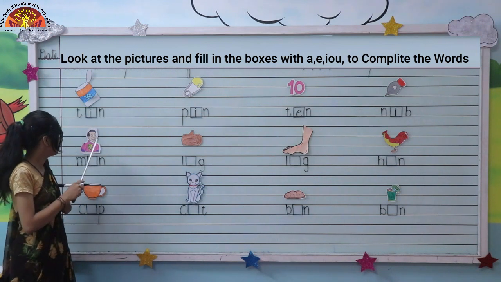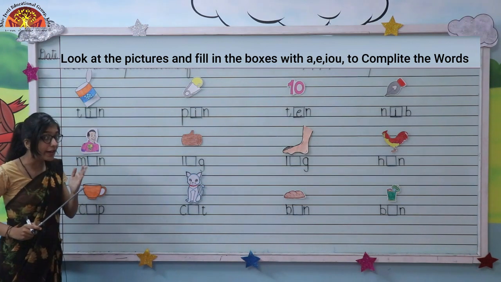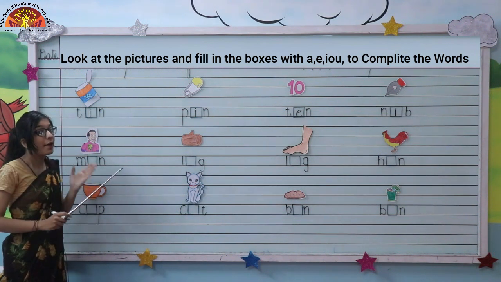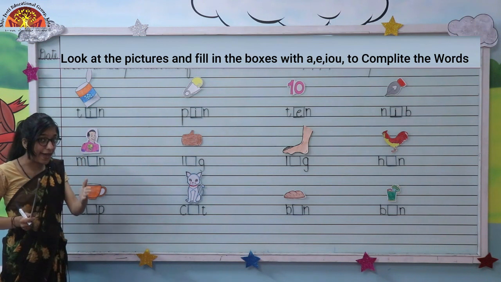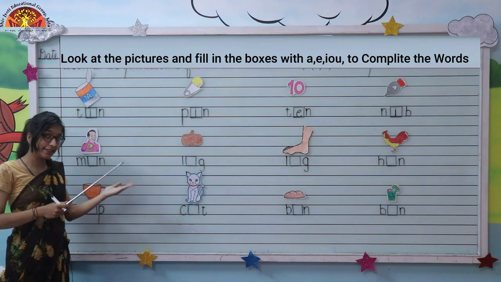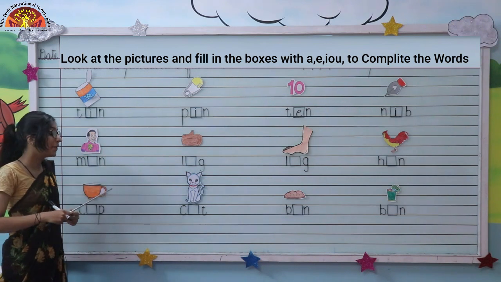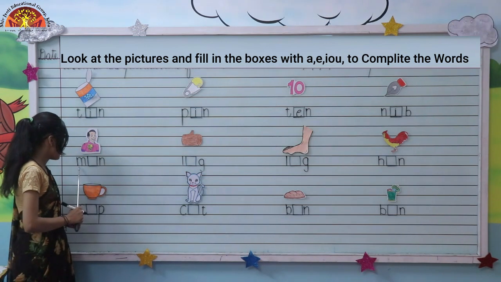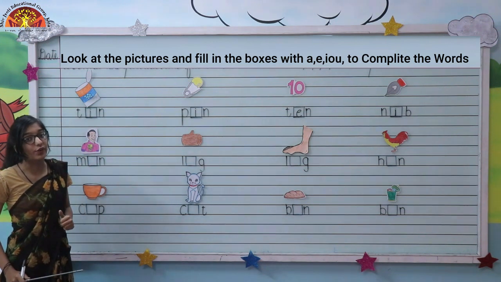Tell me, which picture is this? This is a picture of man. The spelling of man is M-A-N, man. So kids, M and N are already written over here.